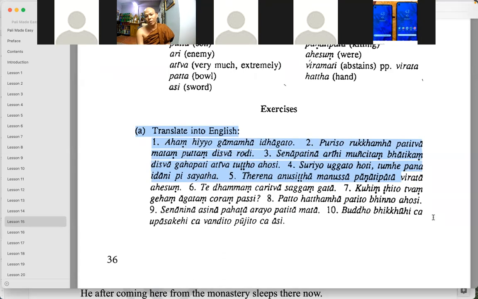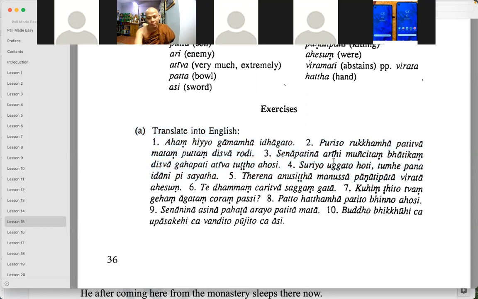So when we translate directly into English, maybe it is not fluent or consistent with English usage, because we are following Pali grammar phrase by phrase to support understanding.